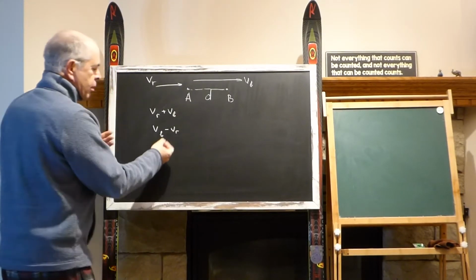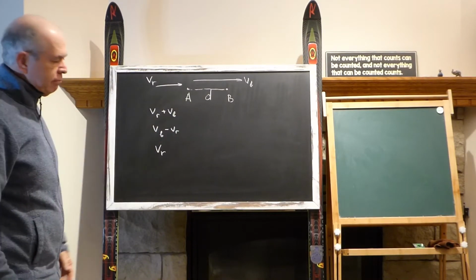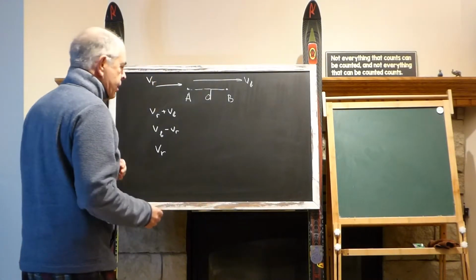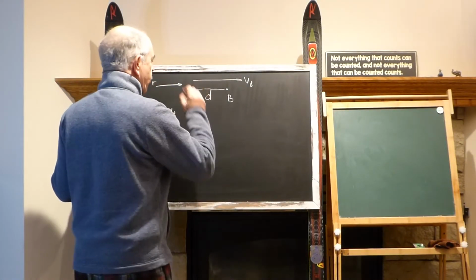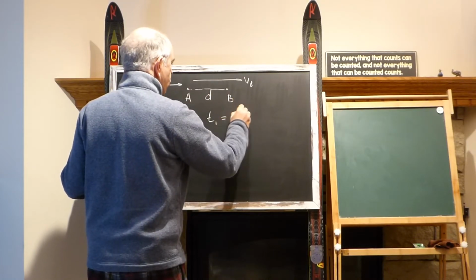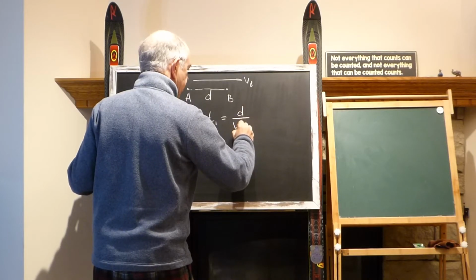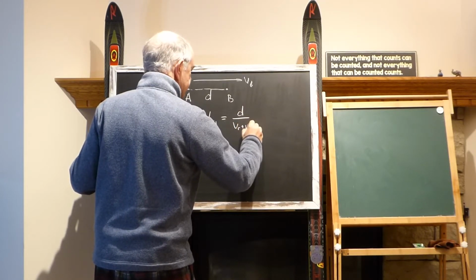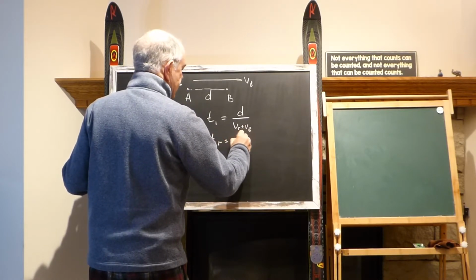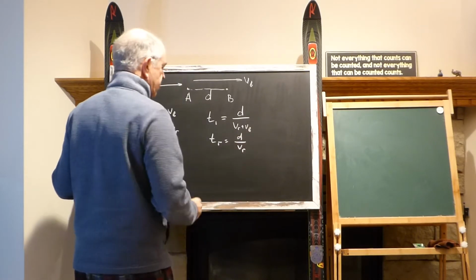V raft goes only with V_R, and we can say that it's V river or V raft, take your pick. Okay, so basically it's very straightforward. T1 is the first time, when the boat goes down the river: D divided over V_R plus V_B. For T raft, it's D divided over V raft.